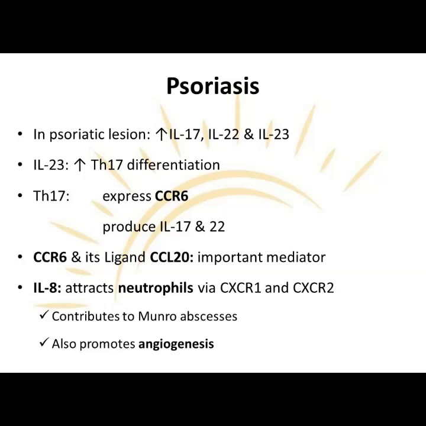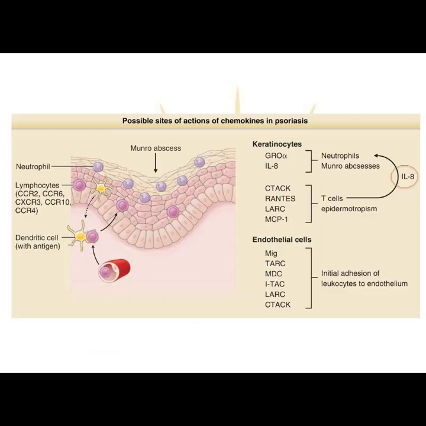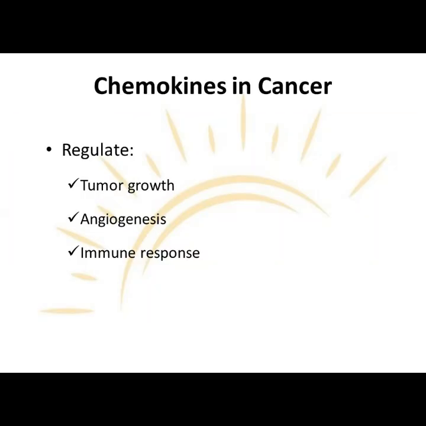IL-23 promotes Th17 differentiation. Th17 cells then express CCR6 and produce IL-17 and IL-22. CCR6 and its ligand CCL20 are important mediators in the psoriatic inflammatory response. IL-8 attracts neutrophils via CXCR1 and CXCR2 and contributes to Munro abscesses. It also promotes angiogenesis.